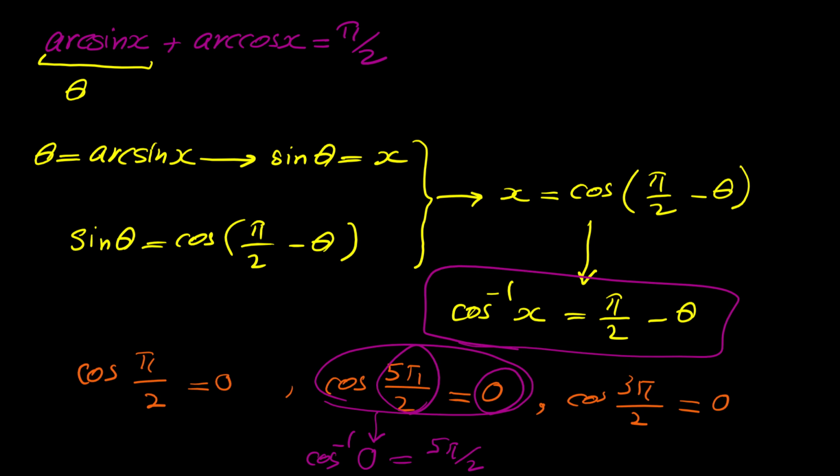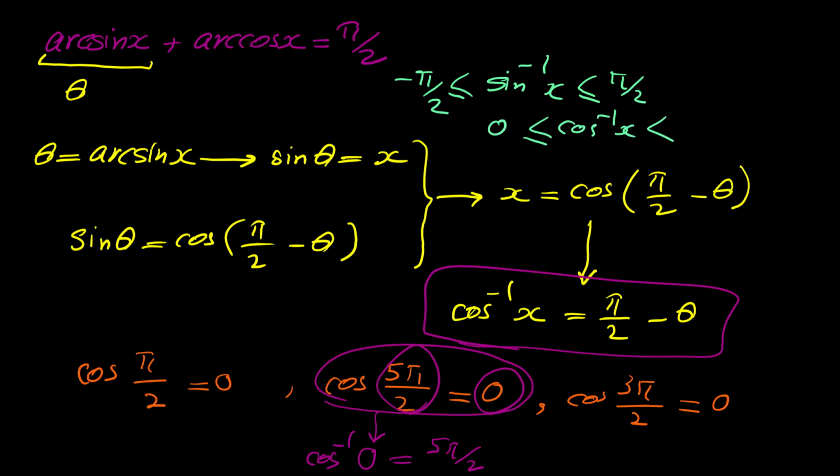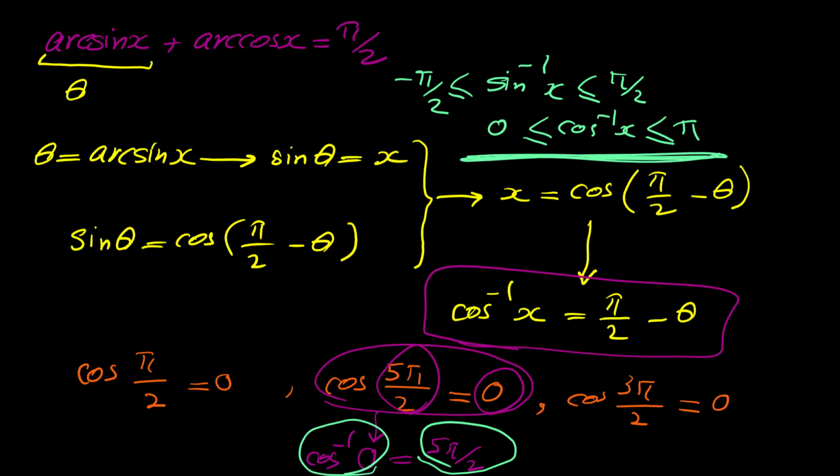Because, remember, in the other proof that I showed you in this video, I mentioned that sine inverse of any number between negative 1 and 1 is always between negative pi over 2 and pi over 2. And for cosine inverse, I mentioned that it is always between 0 and pi. So cosine inverse of 0 cannot be equal to 5 pi over 2 because it's always between 0 and pi. Basically, cosine inverse of 0 is pi over 2, not 5 pi over 2.